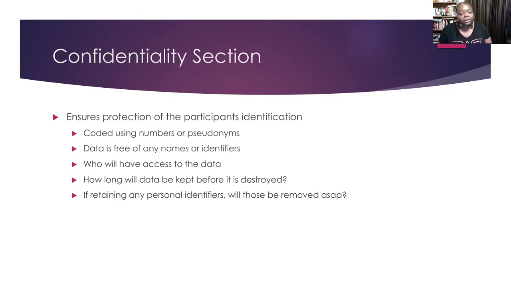You would use numbers or pseudonyms. Any data that is collected is free of any names or potential identifiers. Knowing who will have access to the data is also important, as is how long the data will be kept before it is destroyed. And if you are retaining any personal identification, it must be removed as soon as possible.